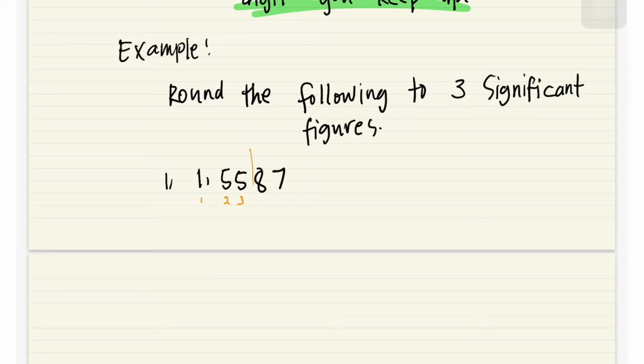And after that, because it is 3 significant figures, you look at the number after that.